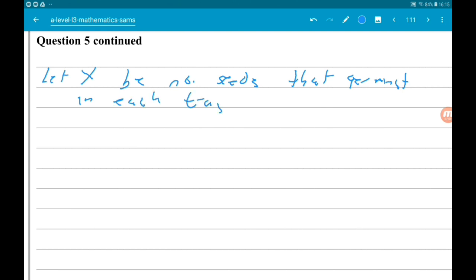Then X has a binomial distribution. N is 24 and the probability is 0.55.